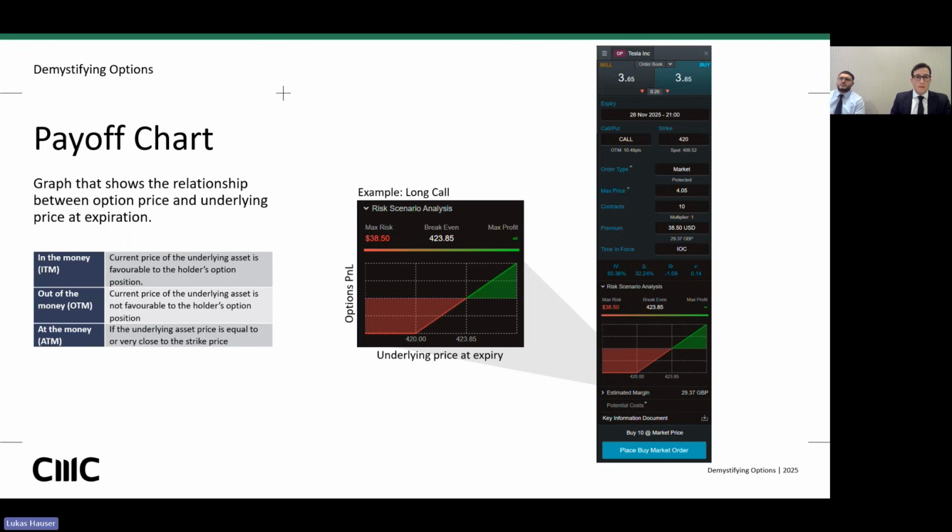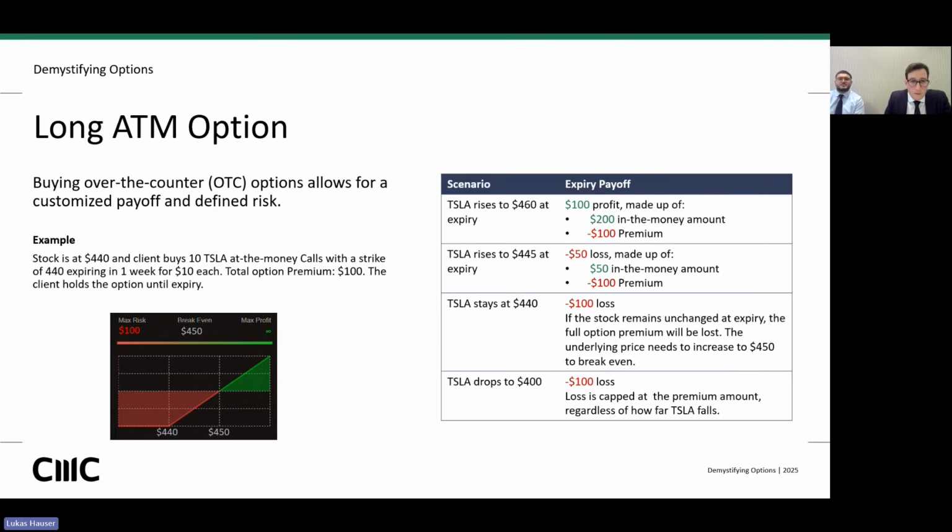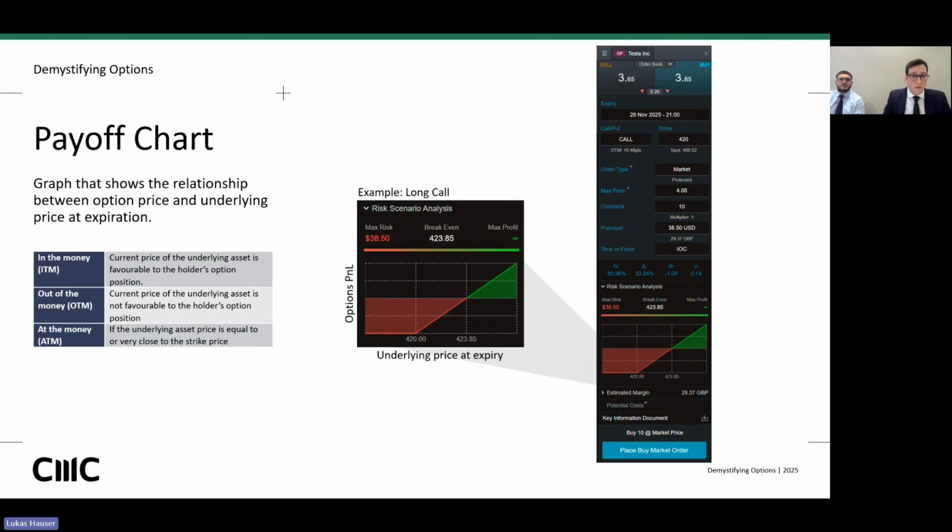With options, the big advantage is that you have a lot of flexibility. But first I need to talk about moneyness. When we look at the payoff chart, we also often refer to in the money, out of the money, or at the money.